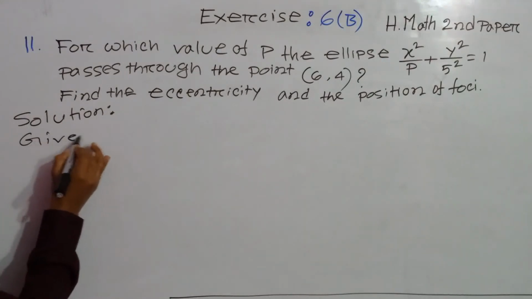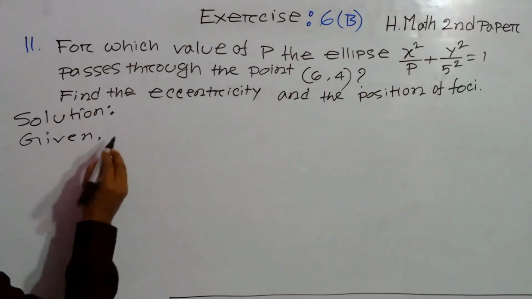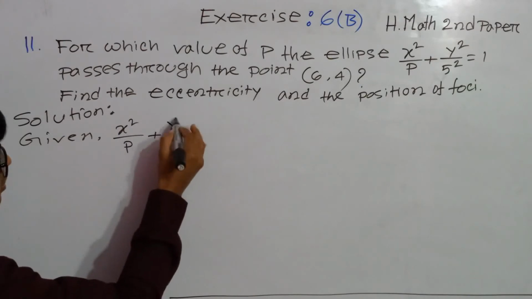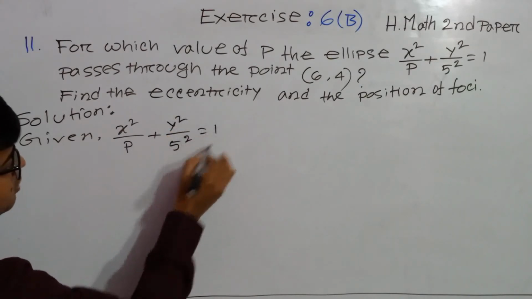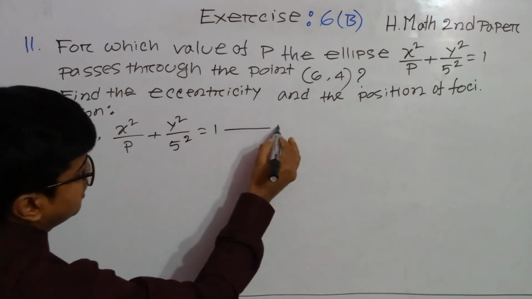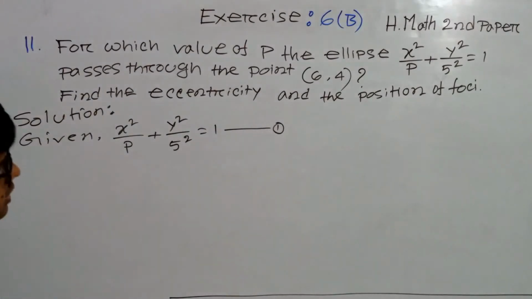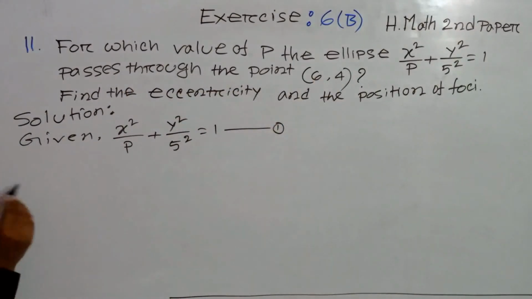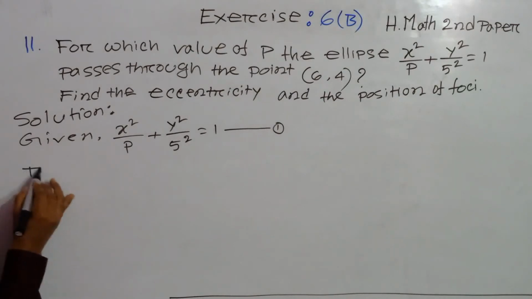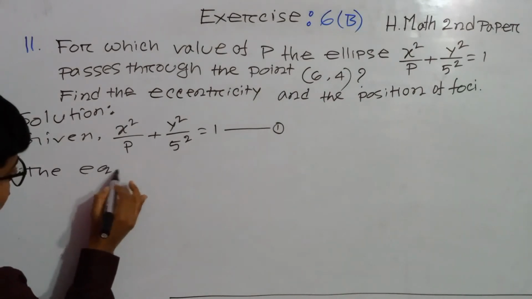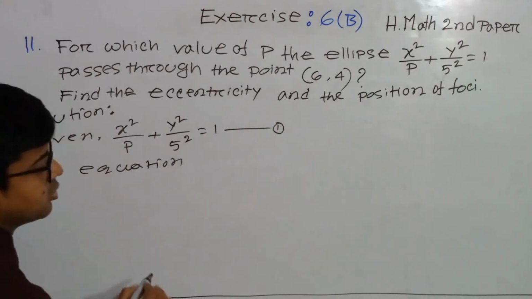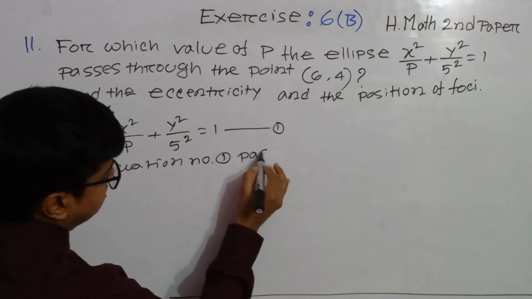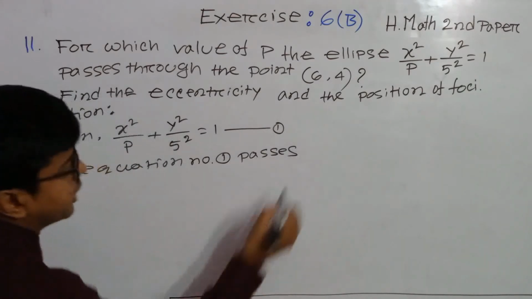Given, we can write x squared by p plus y squared by 5 squared equals 1, which is equation number 1. Now equation number 1 passes through the point (6, 4).